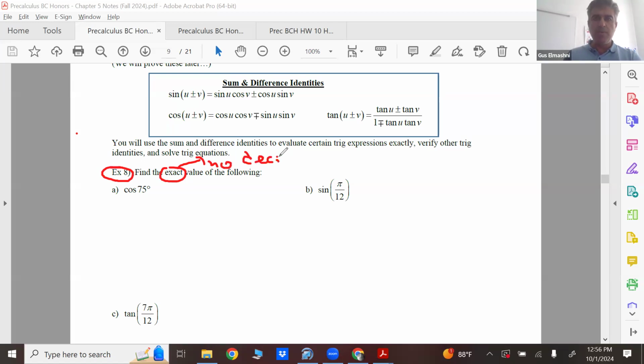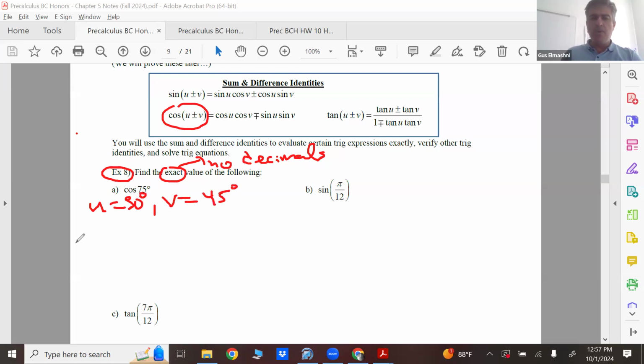Decimals are not cool. They do not want decimals at all. So we need radicals. So for cosine, we use this formula, of course. Now, what two angles that I can get from the unit circle add up to 75? 30 and 45, exactly. Or 45 and 30. The order doesn't matter, because it'll all be the same.